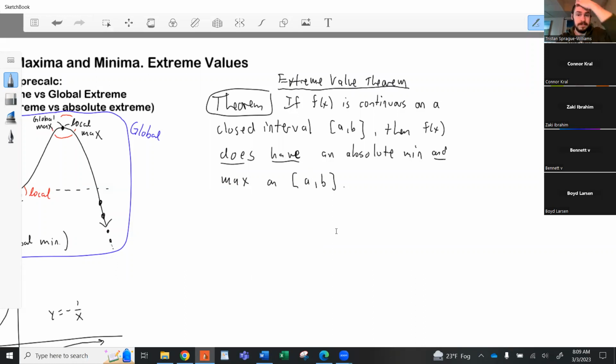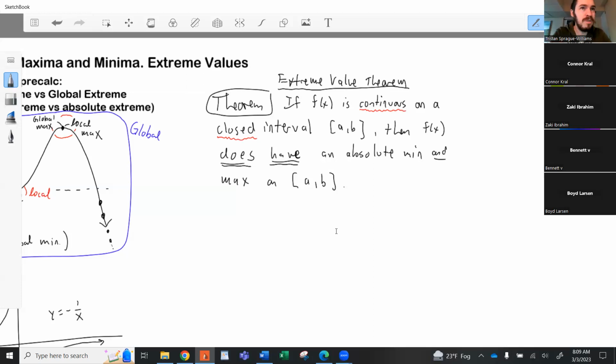So yeah, it says if, and the key thing here is that the function is continuous and that the interval is closed. So I'm going to highlight those in red here: continuous and the interval is closed. Then we're guaranteeing that it does have an absolute minimum and maximum.